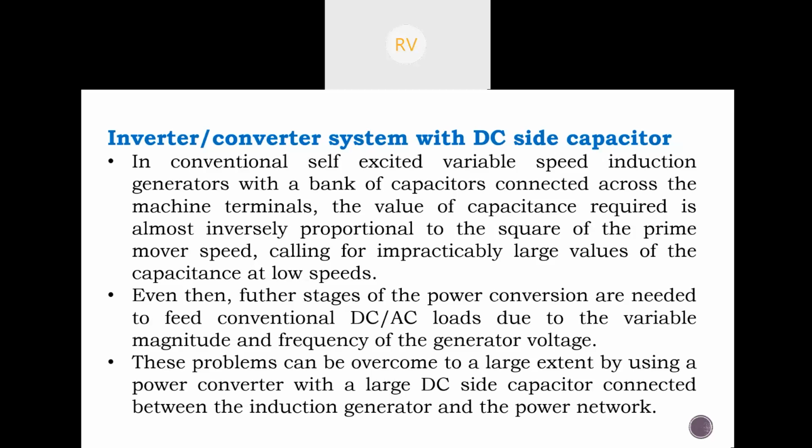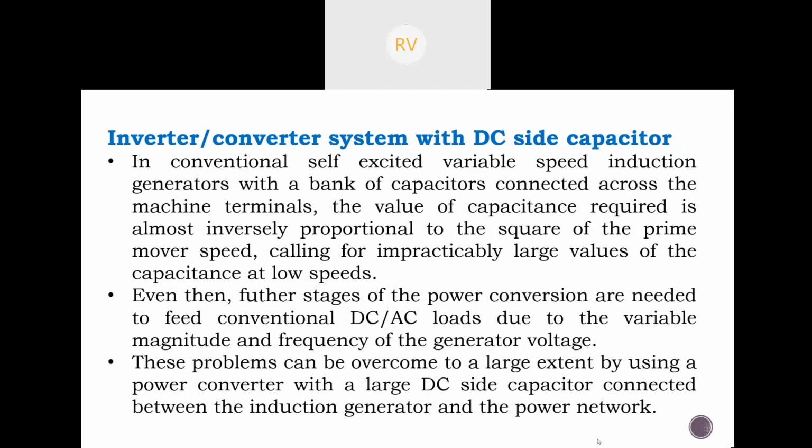So he is saying that the high capacitance and the further stages of power conversion can be overcome to a large extent by using a power converter with a large DC side capacitor.